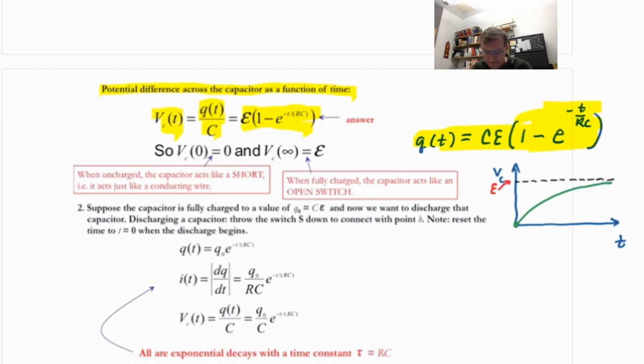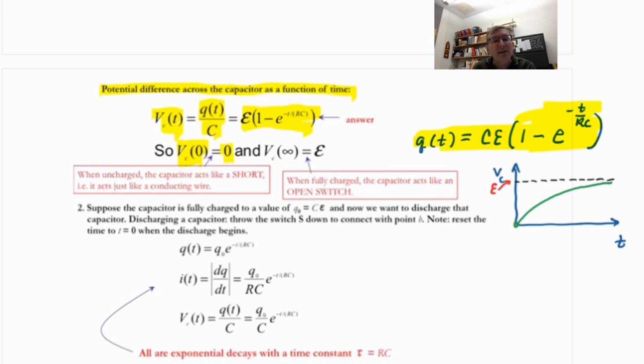Okay? All right, now let's look at this formula for the potential difference across the capacitor in 2 extreme limits. Initially, at time 0, we'll just plug in time 0 into that formula, and like I said, you get 0. So initially, when the capacitor is uncharged, there is no potential drop across it.